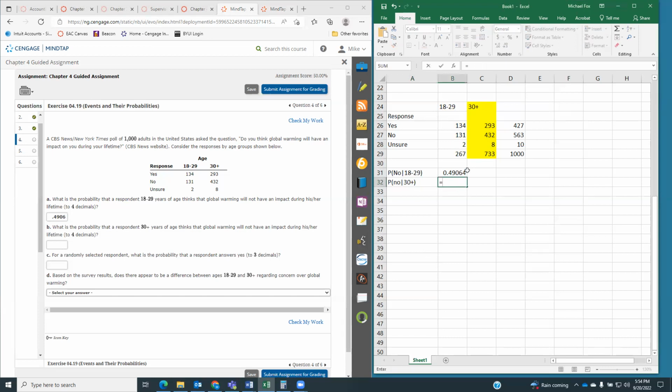So we would say that probability is 432 out of 733, because there were 733 total respondents over the age of 30, and 432 of them said no. We come up with 0.5894.